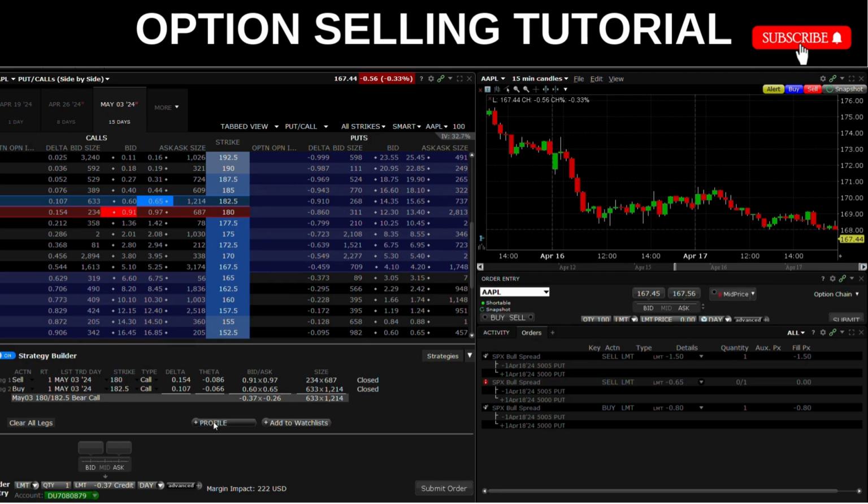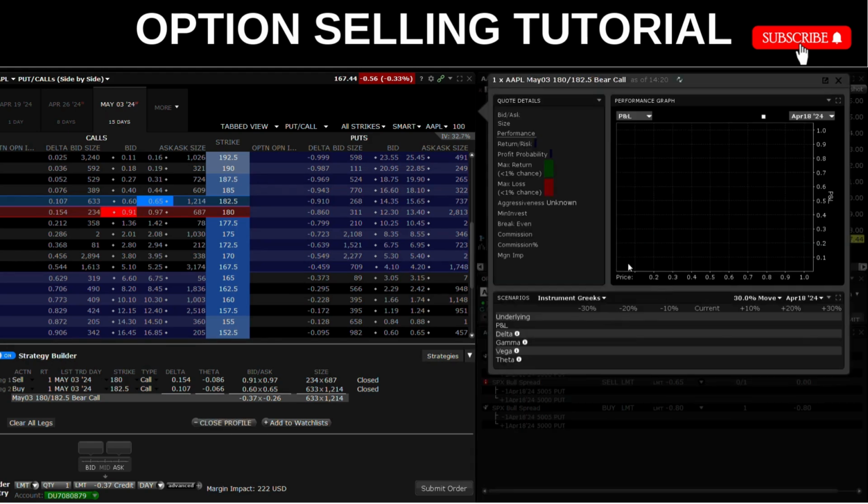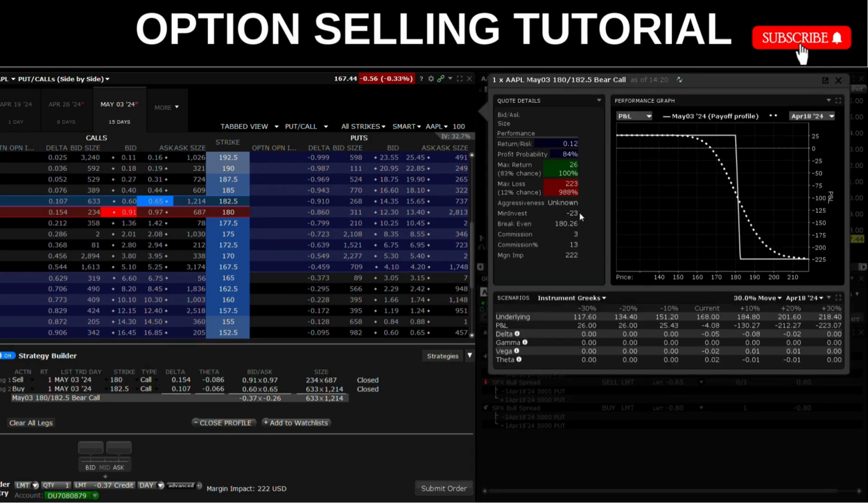Before that, you can also look at the profile here. The max return you get is 26 euros for this credit spread. The profit probability of 84% is very high. The maximum loss that you will have is 223, when everything goes against you. And then you see the risk profile here, so you get an idea of what risk you are taking, how much you can earn, and so on.